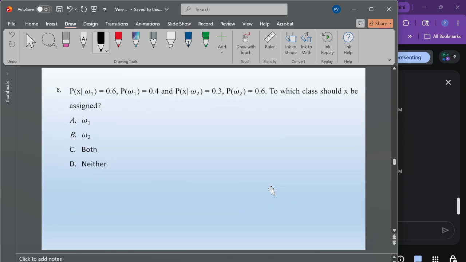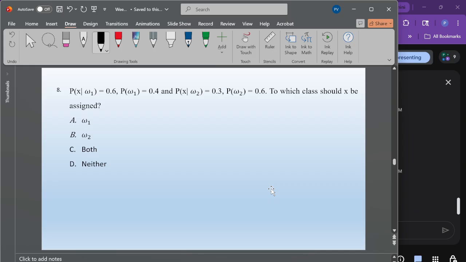Now our next question is: the probability of x given omega 1, that is the point belonging to class 1, is 0.6, and the probability of the class omega 1 is 0.4. The probability of x given omega 2 is 0.3, and the probability of omega 2 is 0.6. To which class should x be assigned?